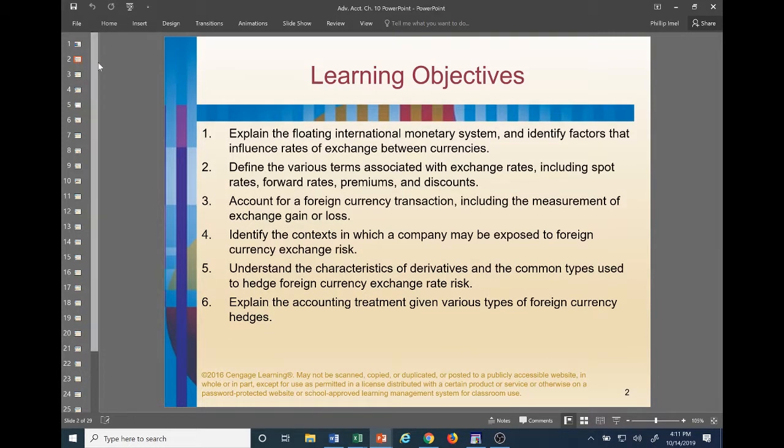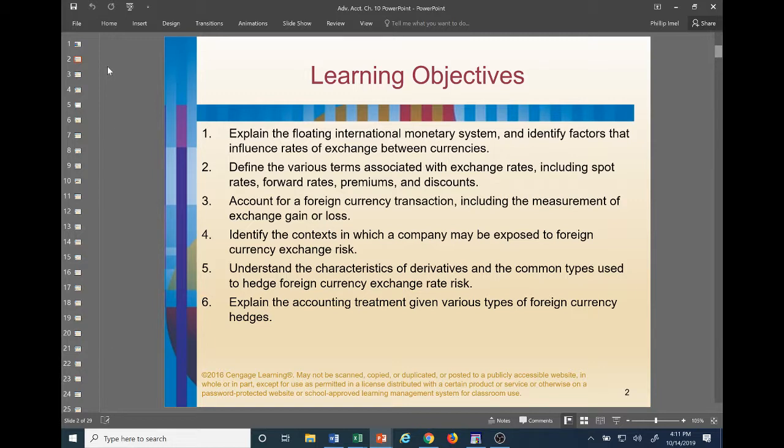So what are our learning objectives for this chapter? We're going to explain the floating international monetary system and identify factors that influence rates of exchange between currencies. We're going to define the various terms associated with exchange rates, including spot rates, forward rates, premiums, and discounts.